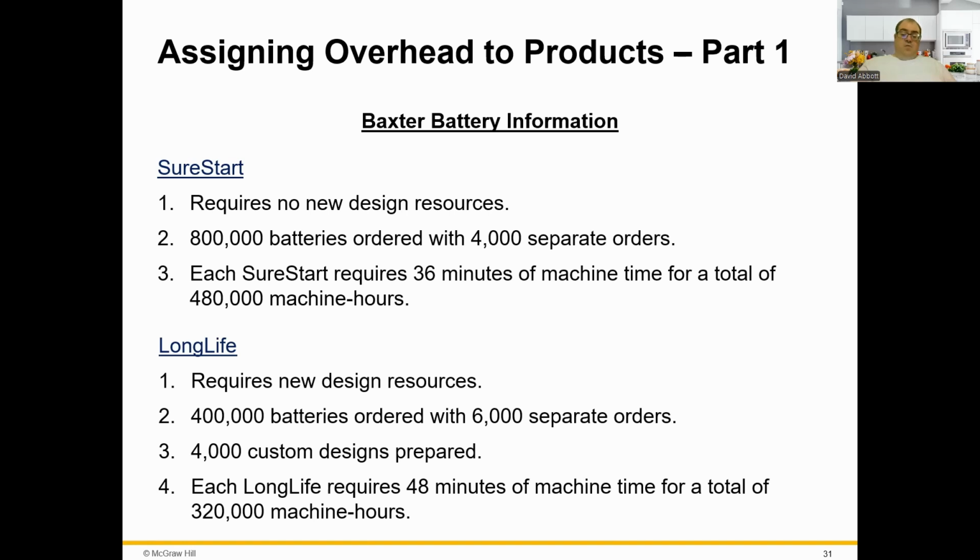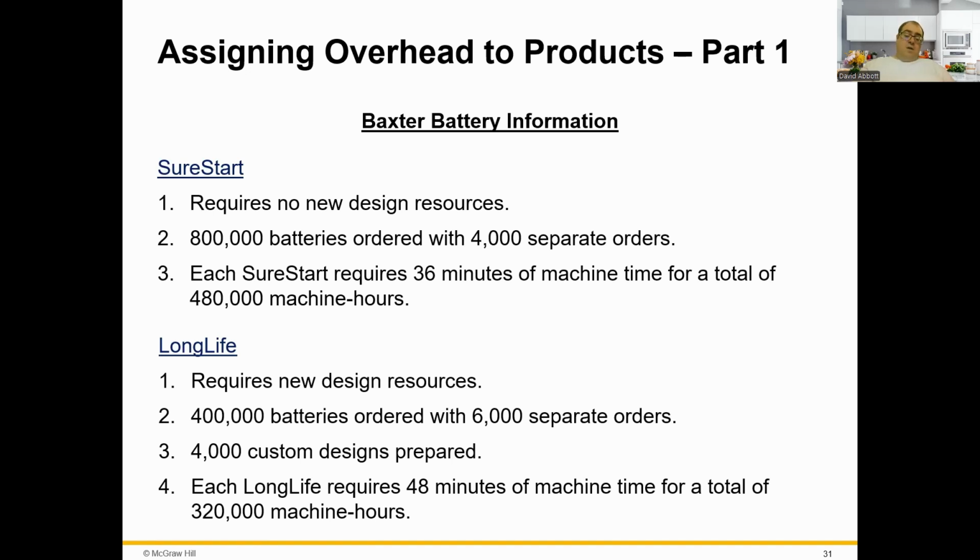The data needed to assign overhead costs to Baxter batteries, to products, which are our Sure Start and Long Life, are as shown. Notice that 4,000 separate customer orders were placed for Sure Start, and 6,000 separate customer orders were placed for Long Life.